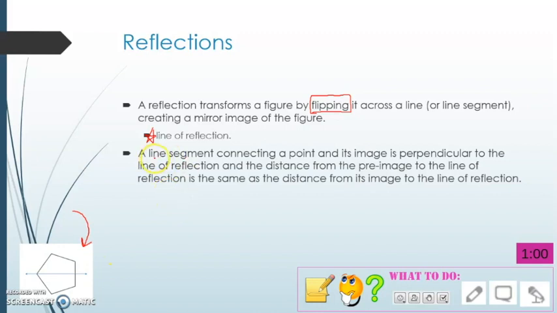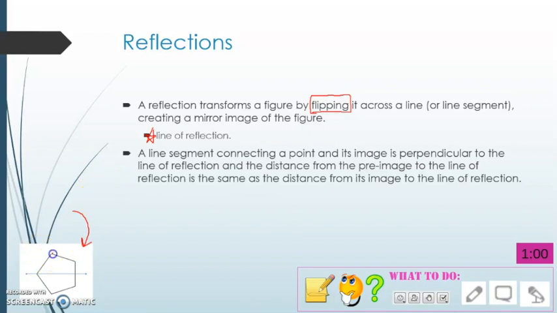Now, a line segment connecting a point and its image is perpendicular to the line of reflection, and the distance from the pre-image to the line of reflection is the same as the distance from its image to the line of reflection. Very wordy.